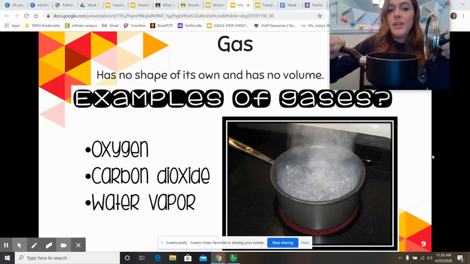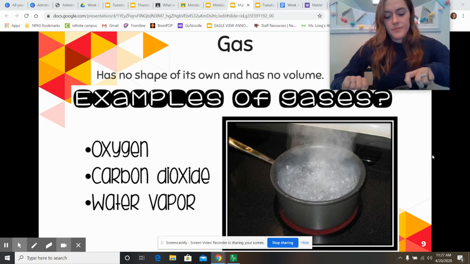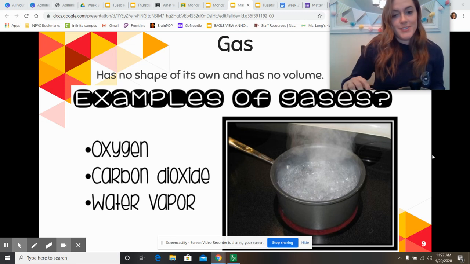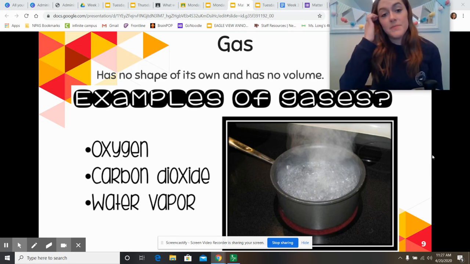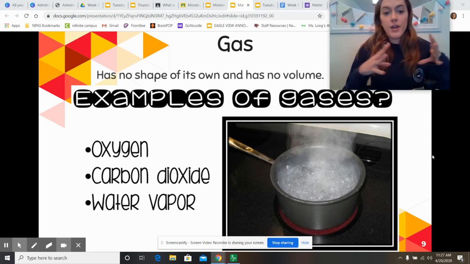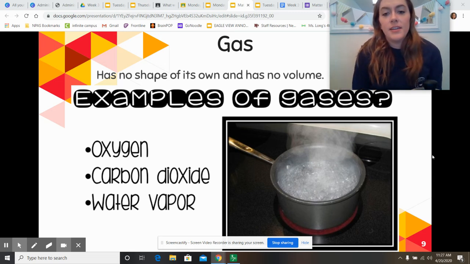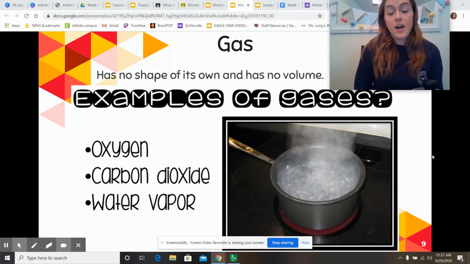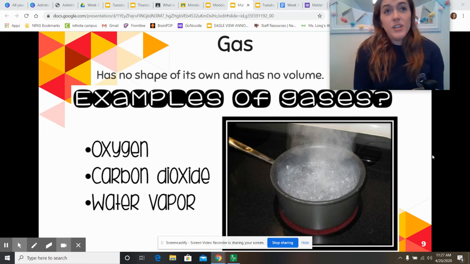So gas is much different than a solid because a lot of the time we can't see gases. The particles in gases are very much spread out. Gas is also different than a liquid because it doesn't really take the shape of a specific container.